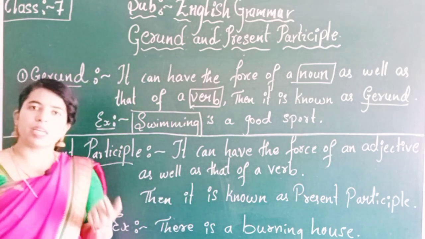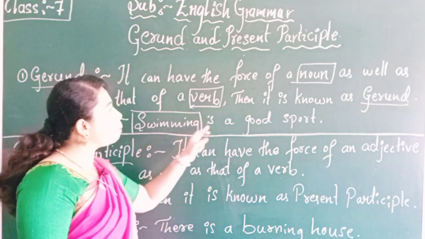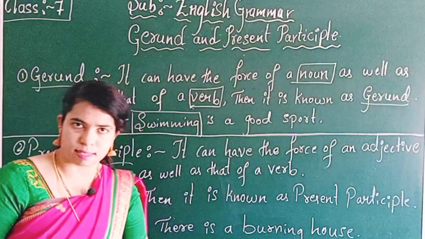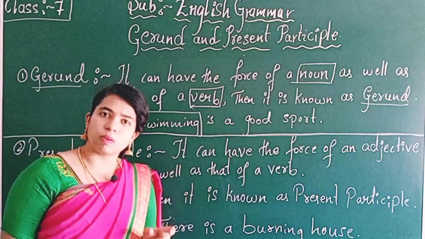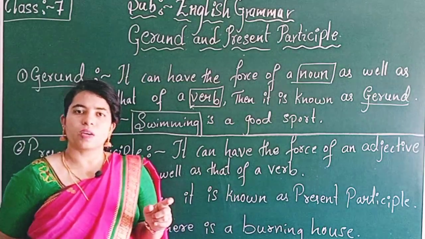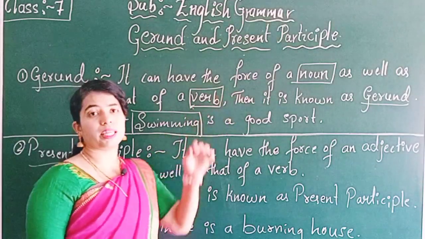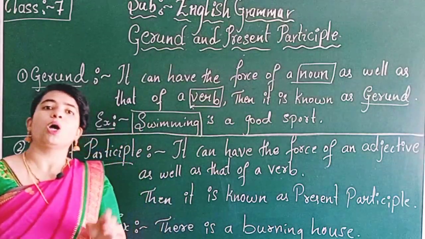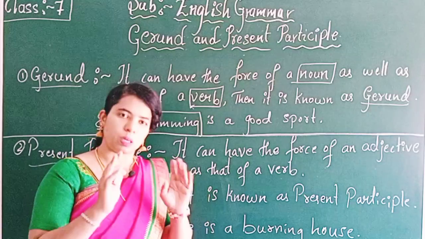Whenever we have to identify the gerund, there should not be another verb in the sentence. Both noun and verb should be the same in the gerund, meaning one word works as both noun and verb.